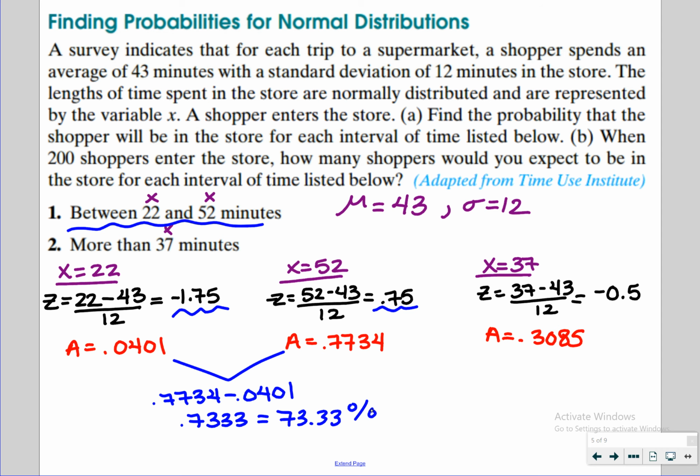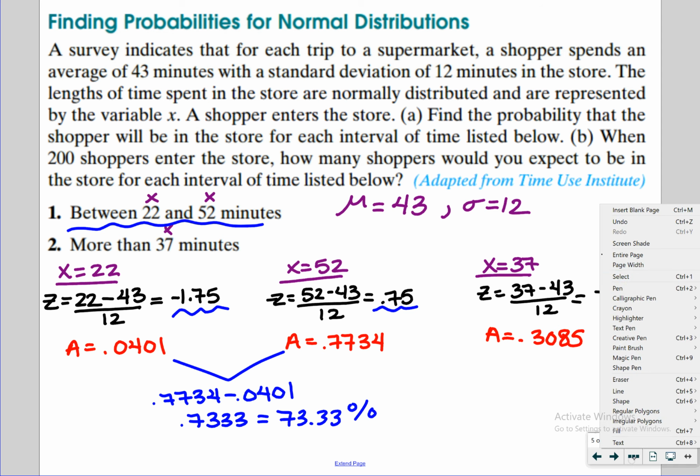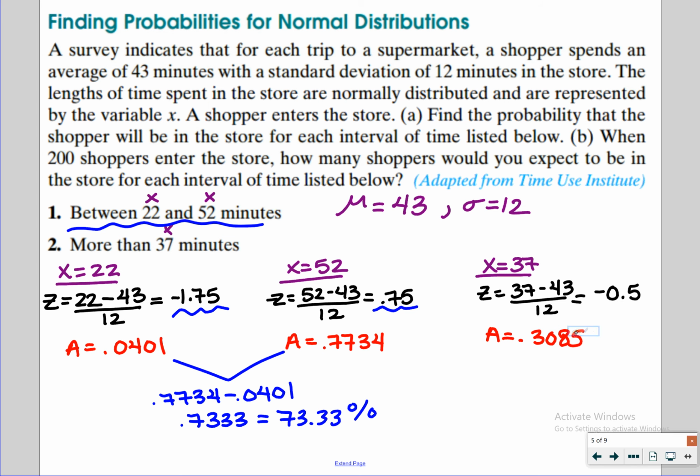Number 2 was more than 37 minutes. Okay. If it's more than, what do we have to do with that area to adjust it? More than is to the right. Yes? So if it's to the right, right now I have something that's to the left. That's the only thing my chart gives me. What do I do with it?